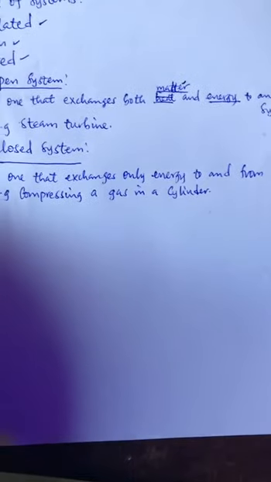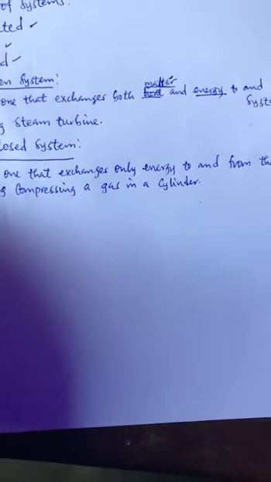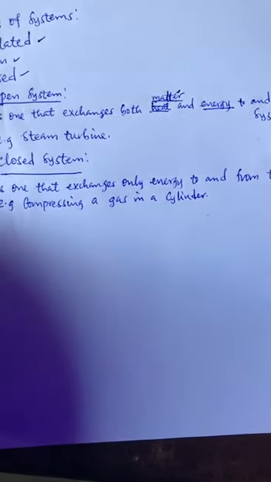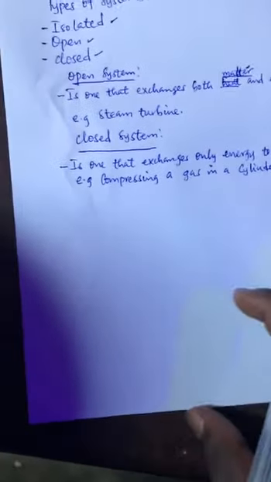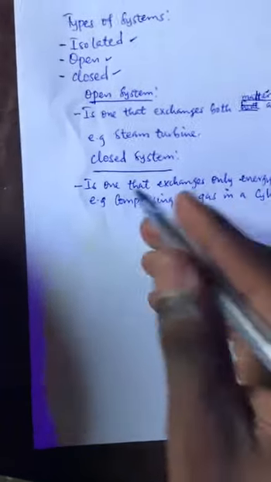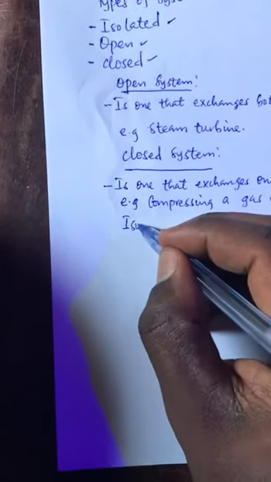When you compress with the piston in the cylinder, the system can either heat or cool. So when it cools, it is only exchanging energy, though matter is not exchanged. So you can have more examples. Then we have what we call an isolated system.